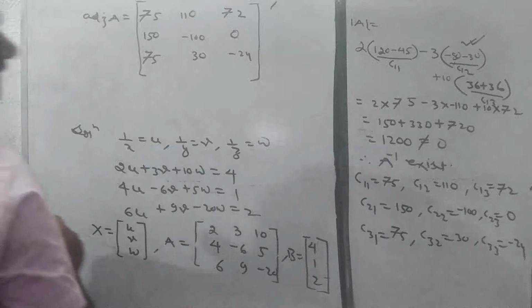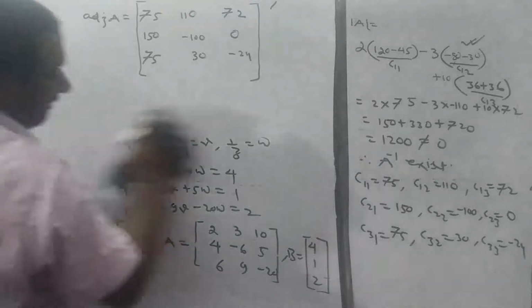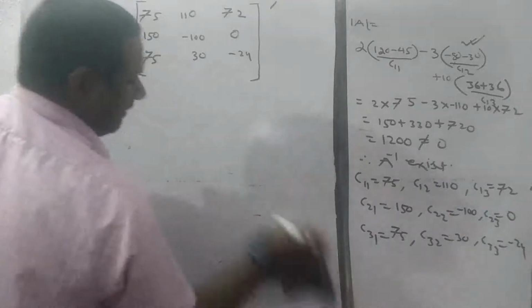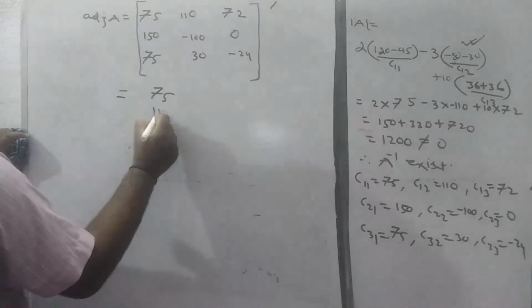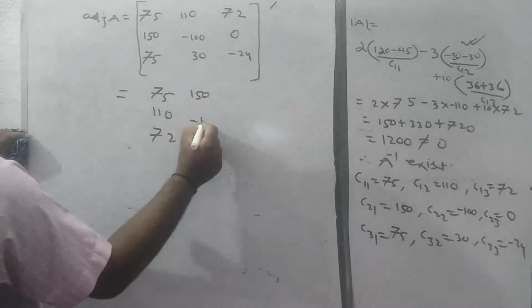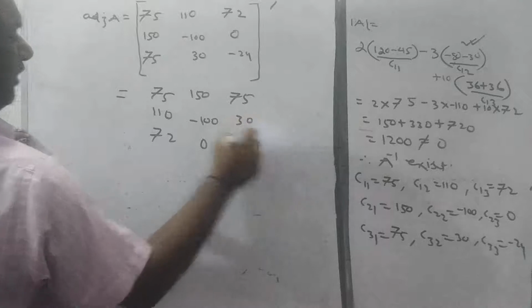Adjoint is obtained by the transpose of the cofactor matrix of the given matrix. So this can be written as again 75, 110, 72, 150, -100, 0, 75, 30, -24.